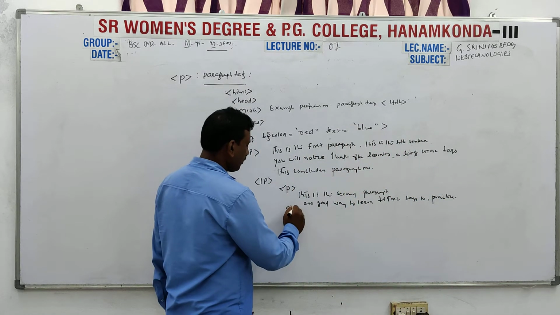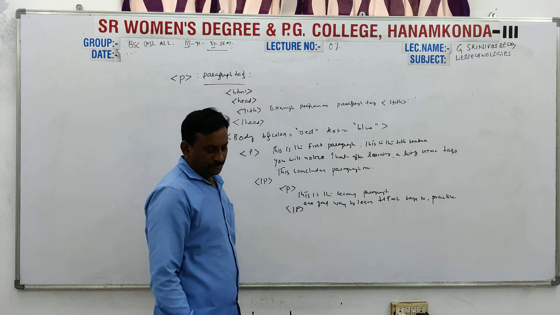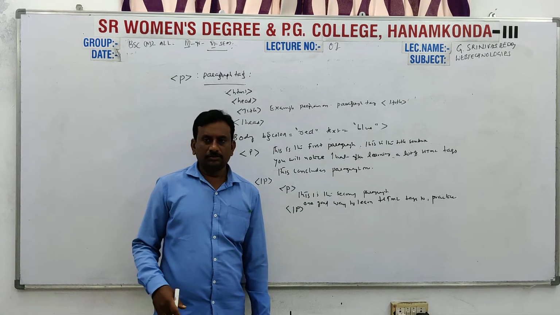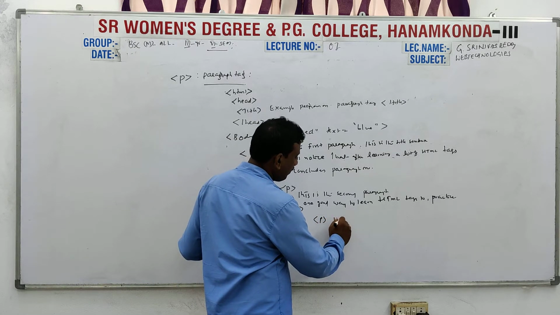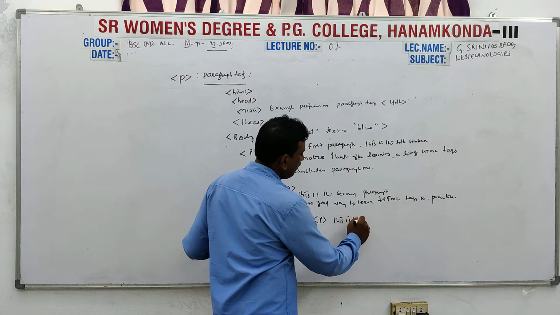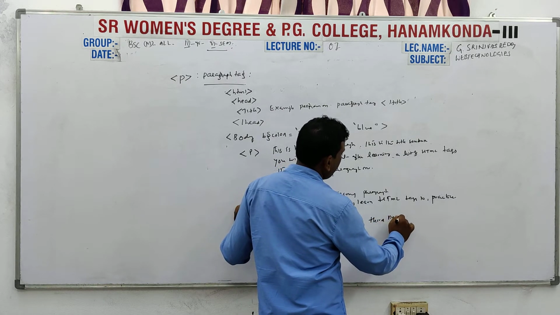This is close, which means this is one paragraph, this is another paragraph. You can write more than one line. Next, you can write one more P. This is the third paragraph.